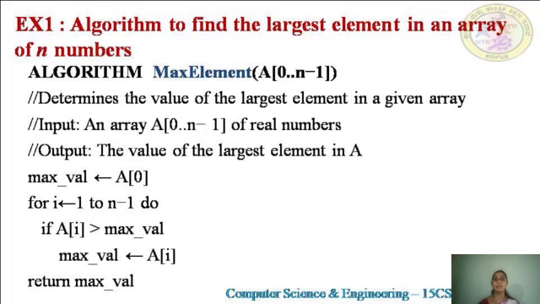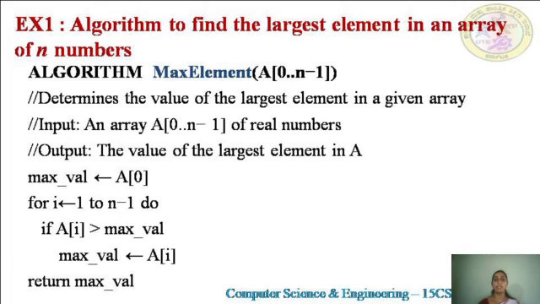This algorithm is designed to find the largest element in a given array. The input is an array of size n of real numbers. The output is the largest element in the array A.